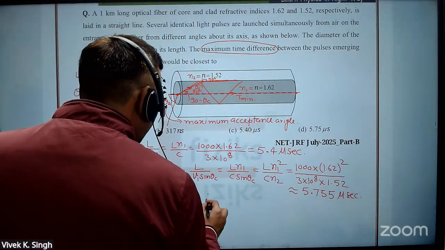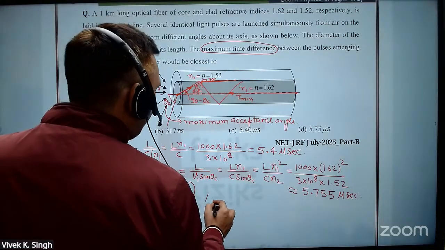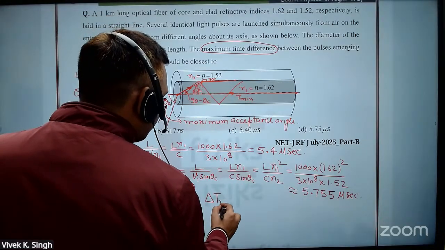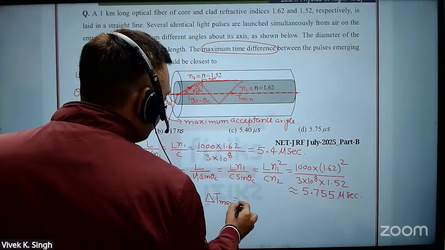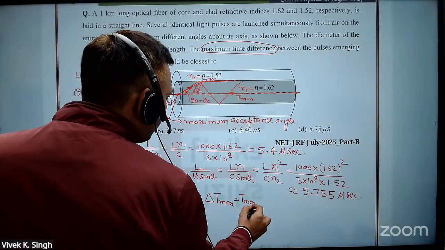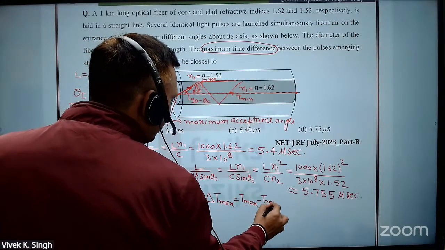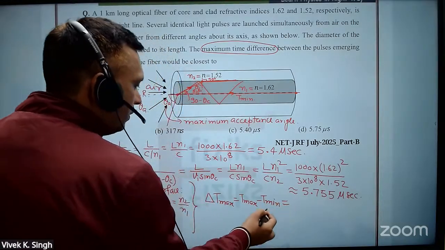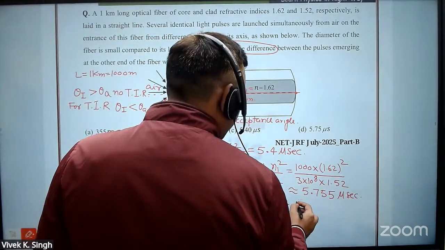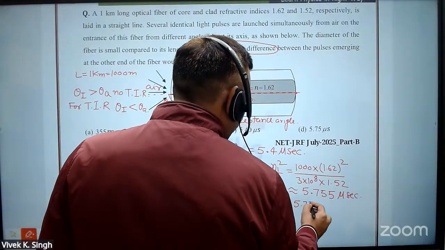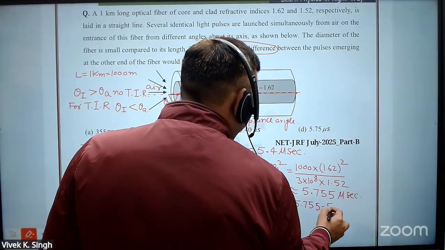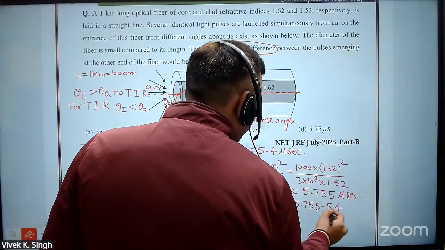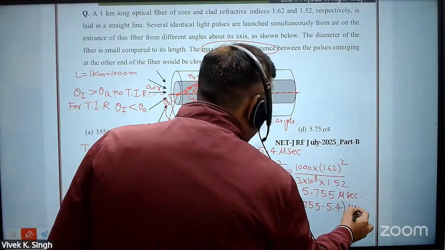Now delta T maximum, the maximum time difference, will be T max minus T min. So this difference is 5.7 minus 5.4 microsecond.